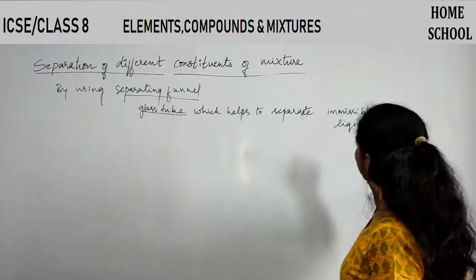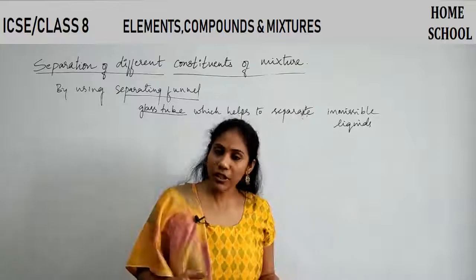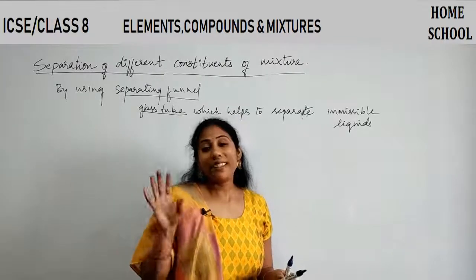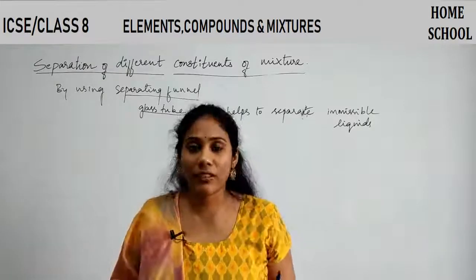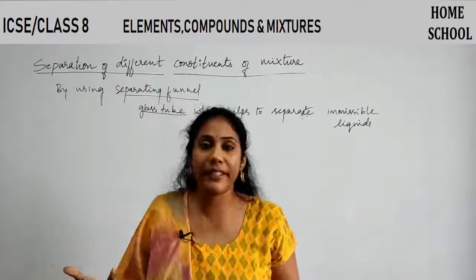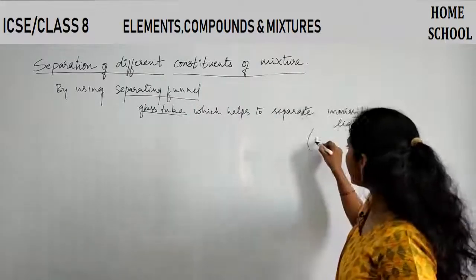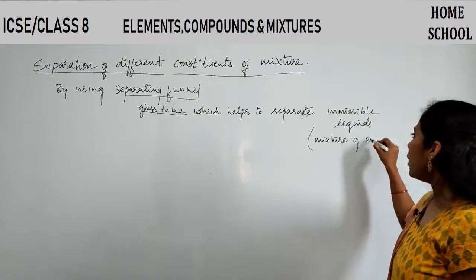What do you mean by immiscible liquids? It's a mixture where both the components are liquids, but these liquids do not mix properly with each other. One liquid doesn't go into another liquid. The best example for immiscible liquids is a mixture of oil and water.